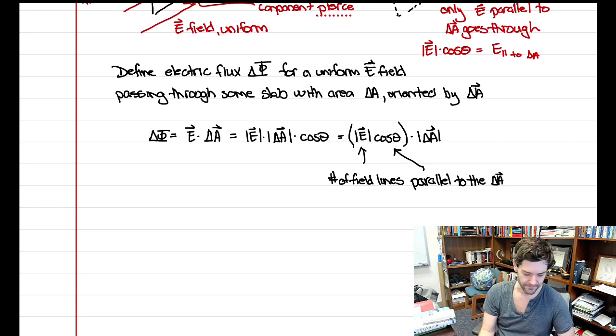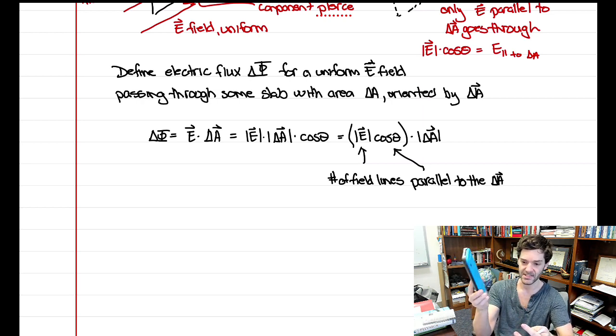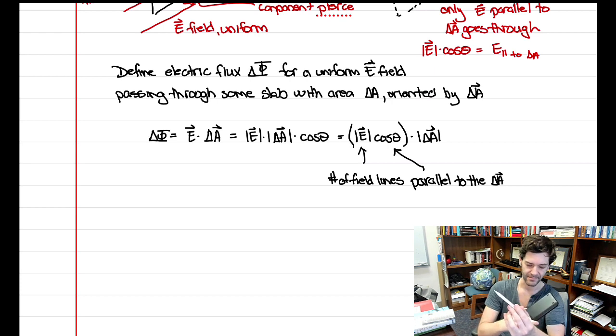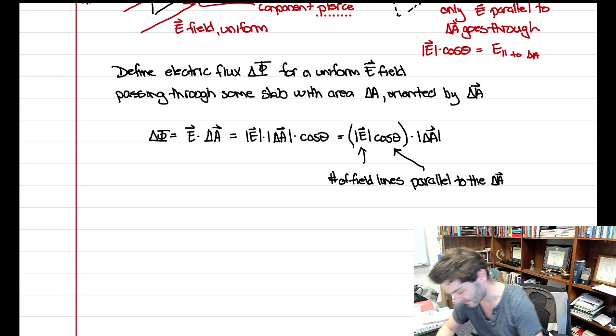Which, just so there's no confusion, it's parallel to the vector that defines this area, but then really it's the electric field itself, the part that's perpendicular to the actual slab, to go through it, right? We're talking about the electric field that is perpendicular to the slab, which then is parallel to the vector that defines the orientation of the slab.